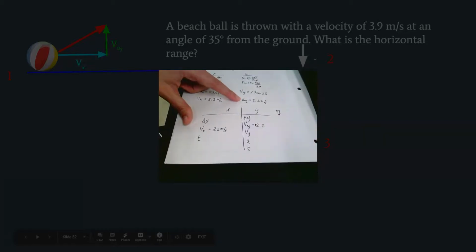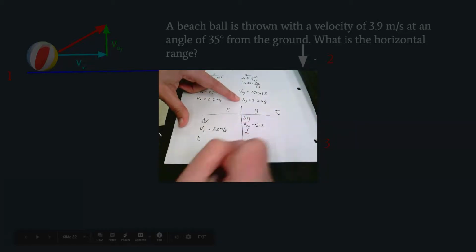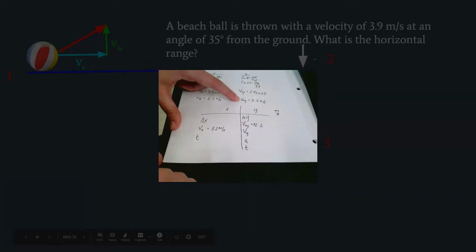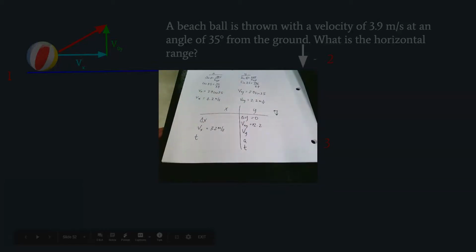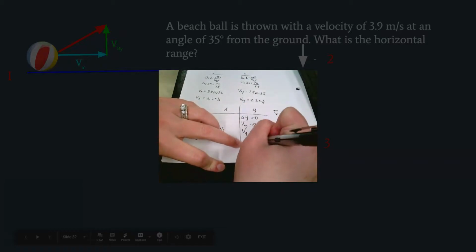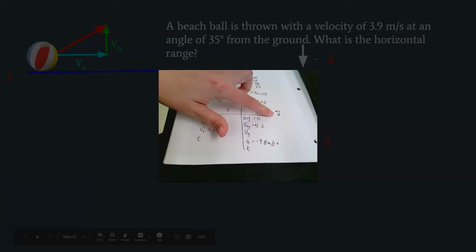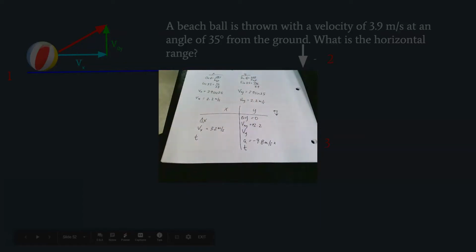I'm going to say down and left is negative, so my initial y velocity is positive. I'm throwing it from the ground, it's returning to the ground, so my displacement in the y direction is 0. My initial height minus my final height is 0. And I also know acceleration is down 9.8 meters per second squared. According to my reference frame, it's going to be negative.